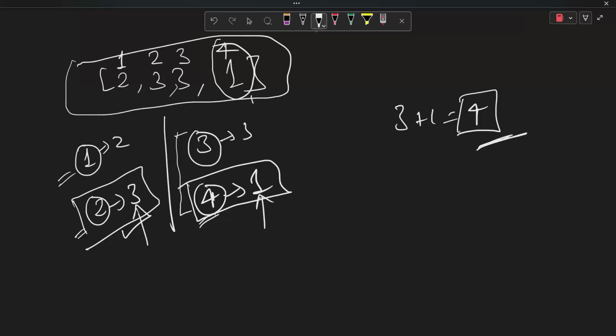Whichever pile this book goes to, let's say the second pile, the book with the highest number from the second pile would be this one only. This is for sure. Whichever pile this last book goes to, it would always be the book with the highest number. So this book is definitely going to be read.